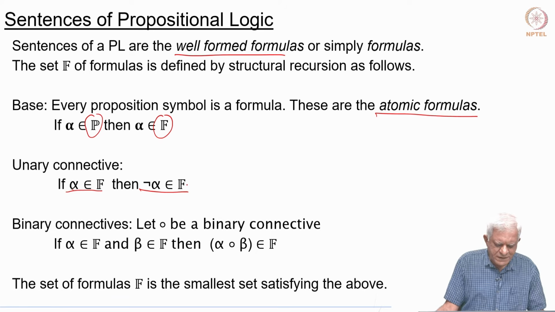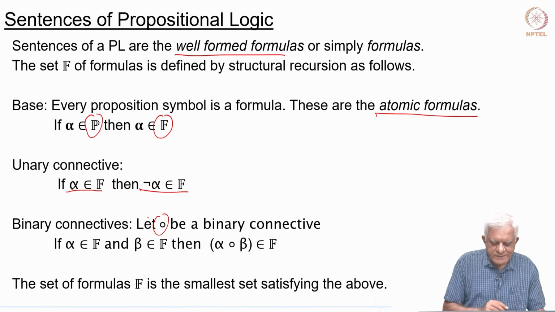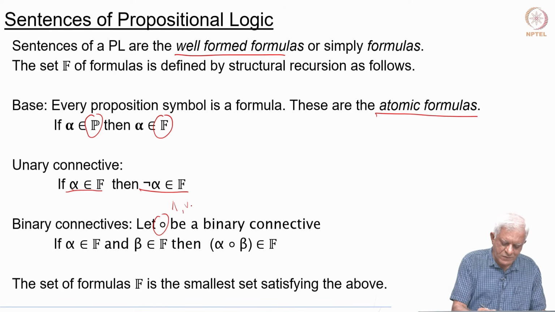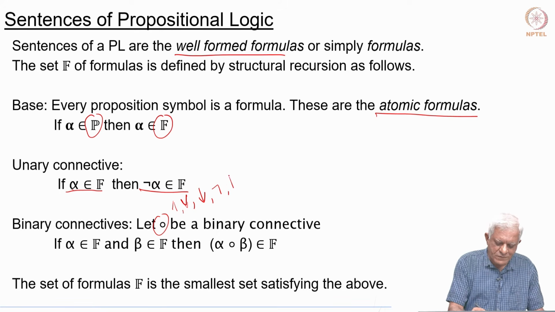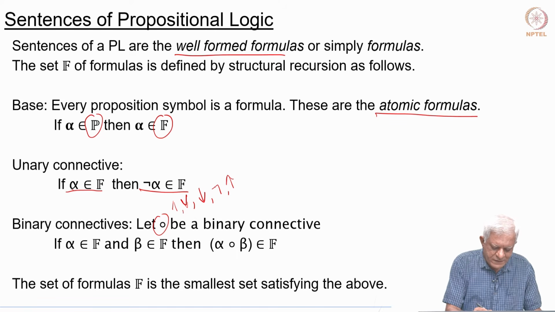We have seen binary connectives also. If this is some binary connective, it is like a variable connective, it can stand for and, or, the ones that we have seen, Schaeffer stroke, Pierce arrow and so on. Sorry, not this, that is a unary connective.